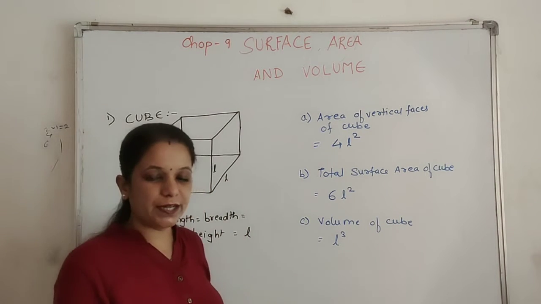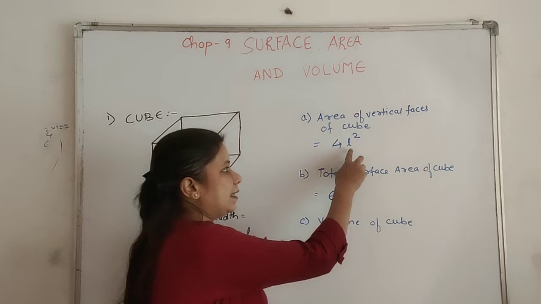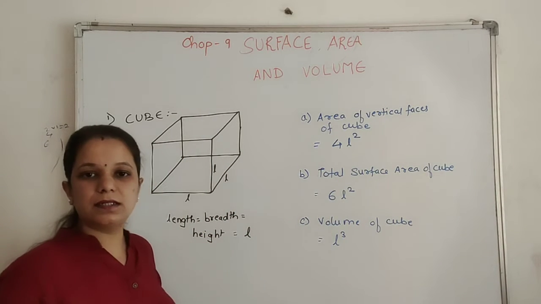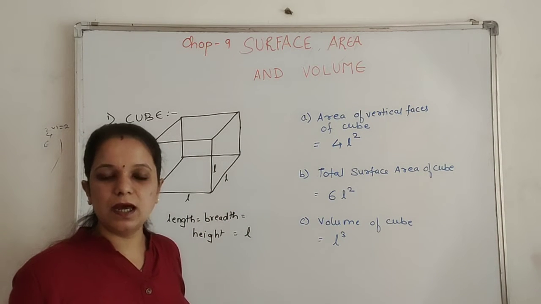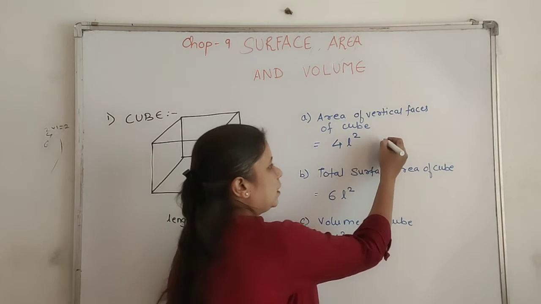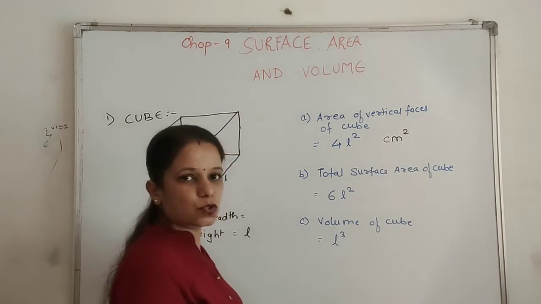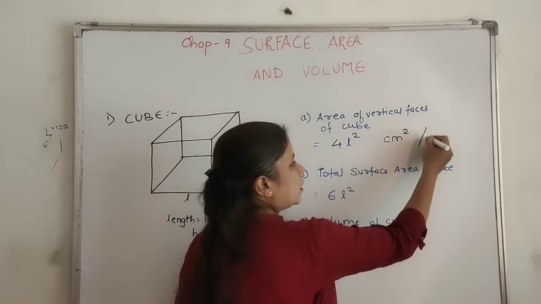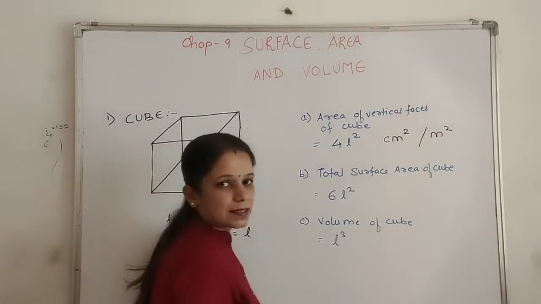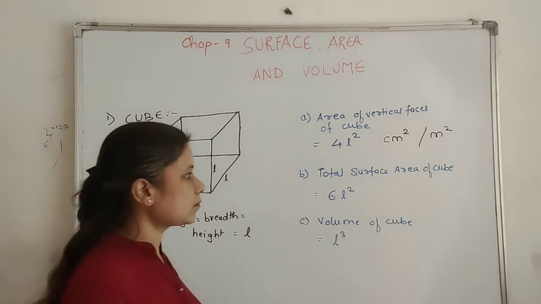Now we will go to units. If length and breadth are given in meter or centimeter, you will take the area as centimeter square or meter square, as the dimensions are given.